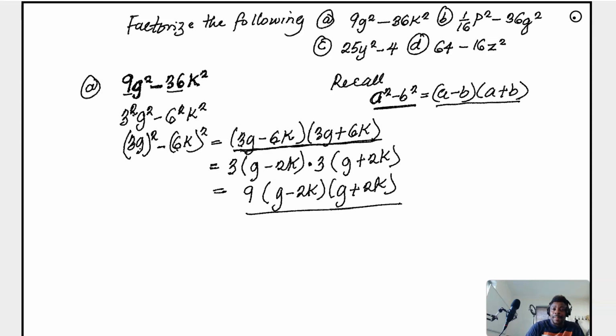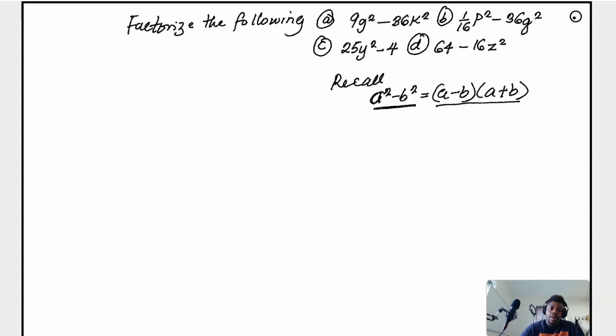Okay, let's go to B. Now, B. 1 over 16 p squared minus 36q squared. P squared minus q squared is a difference of two squares. But because p and q have coefficients, I have to express the coefficients as squares also.